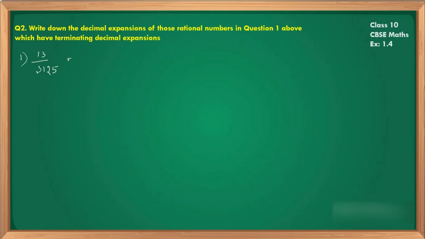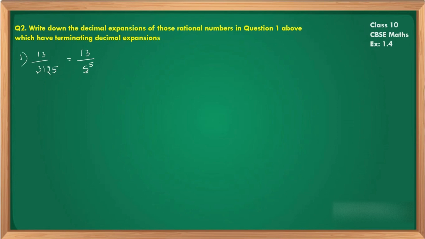For that, you have to factorize the denominator of 13 divided by 3125. We factorized and we found it was 5 to the power 5. The next step is you have to find out what is missing in the denominator to make it a number with 1 followed by zeros.